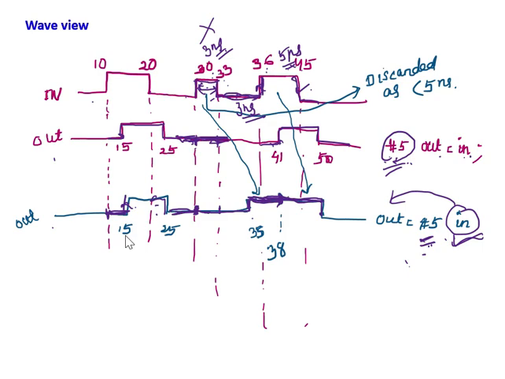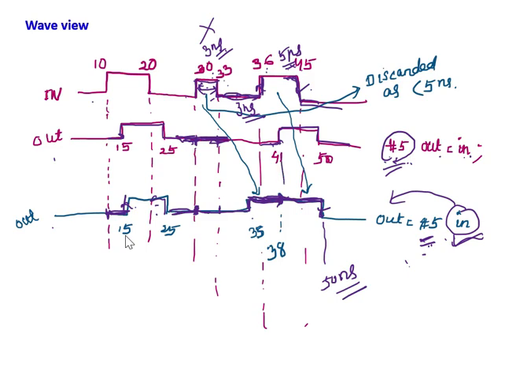So there will be a transition from 1 to 0, because this is simply a buffer, right? So there will be a transition from 1 to 0 at 50 nanosecond. Okay, hope you understood. So this is how it works.